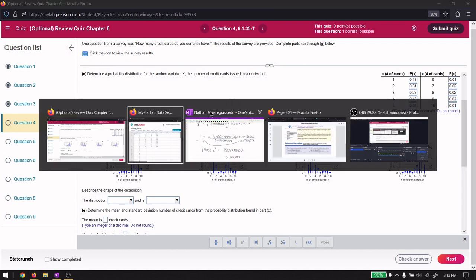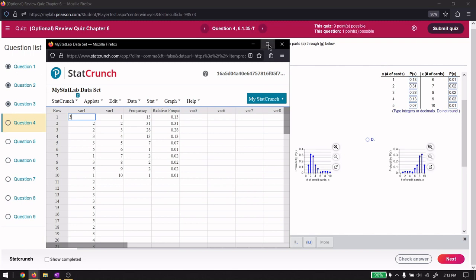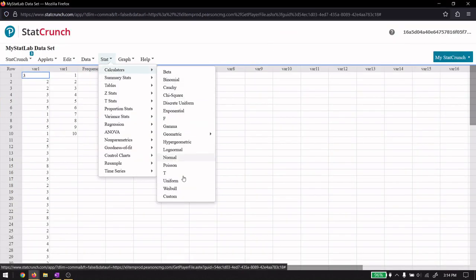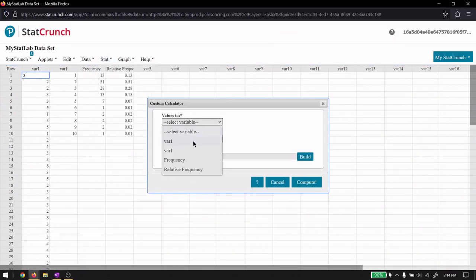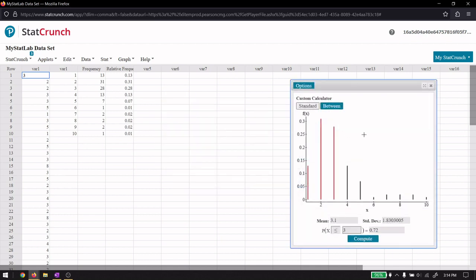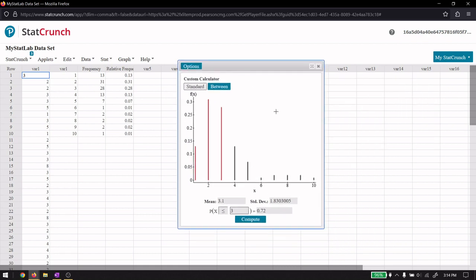So let's do that next. Here's a simple graph of it. So we have 1 through 10, and each one has a weight attached to it, a probability.